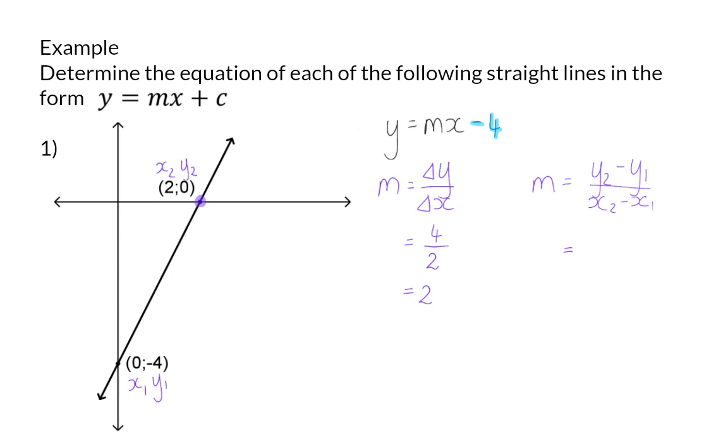Substituting, my y2 value chosen was 0 minus y1, which is minus 4. Take note that there's a minus in the formula, and then the y value is minus 4. In the denominator, we have x2, which is 2, minus x1 of 0. And when I now simplify, I also get 4 over 2, which gives me the ratio of 2. So the final equation for this straight line is y is equal to 2x minus 4.